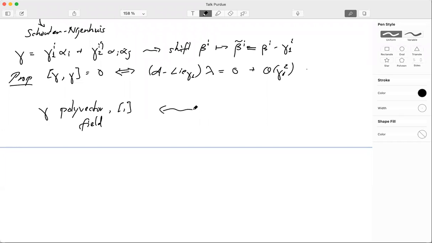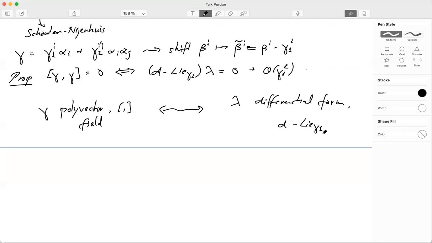And on the other side, you have this lambda, which is some differential form. And you have this funny shifted differential, a differential d minus d of gamma 1.